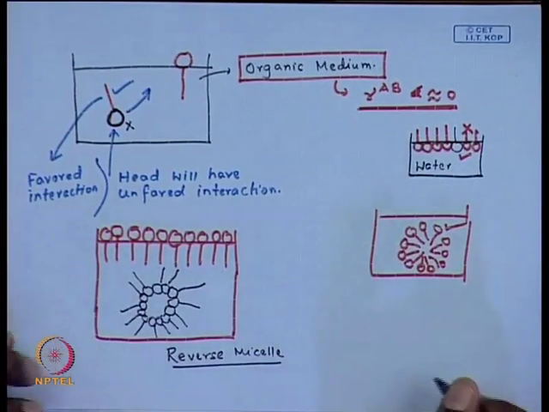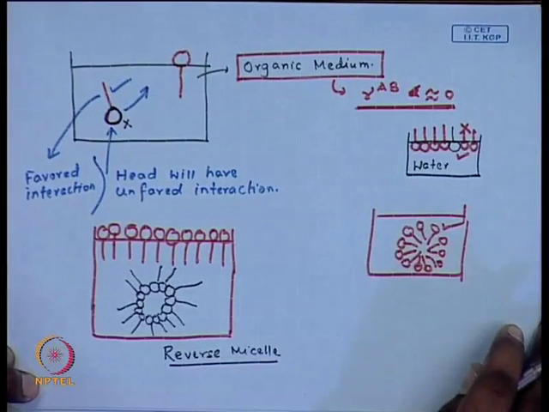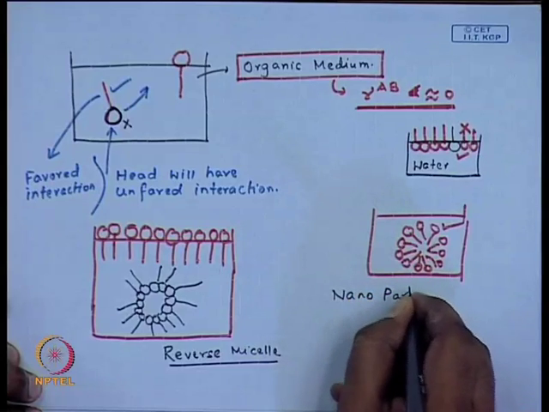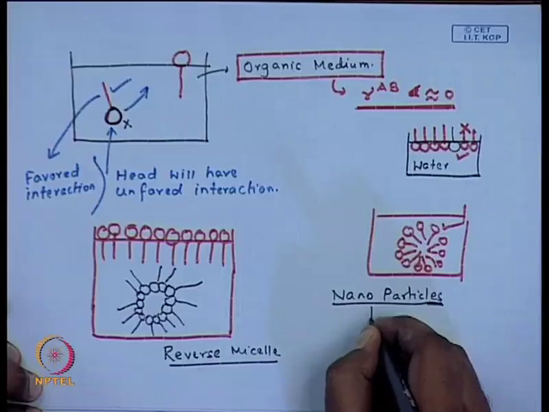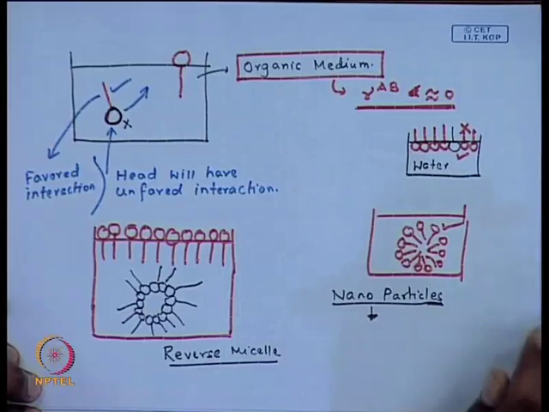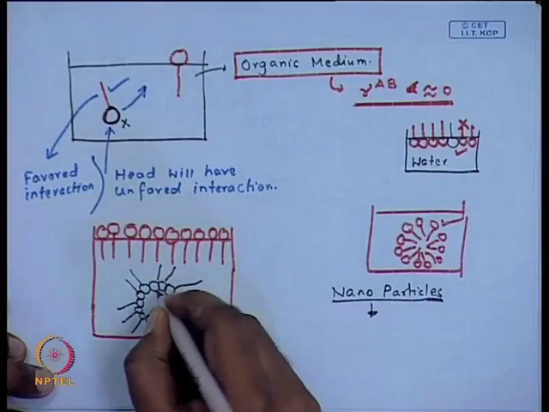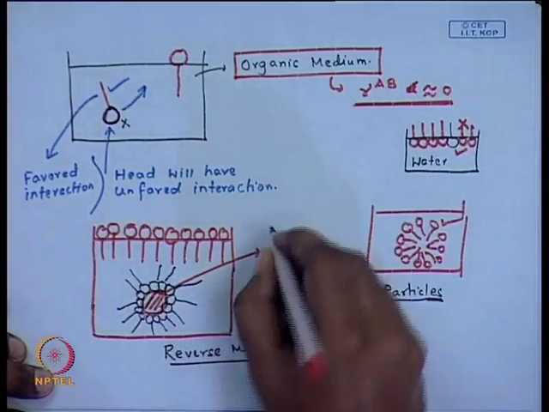Many of you know that there is a lot of hectic research activity going on in the field of nanoparticles, and approaches based on reverse micelles are an extremely favored route for synthesis of nanoparticles, because this area which has formed in a reverse micelle acts as a nanoreactor.